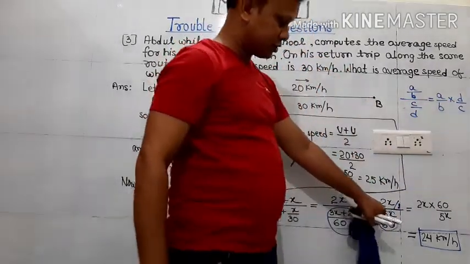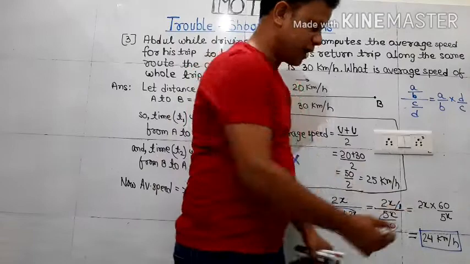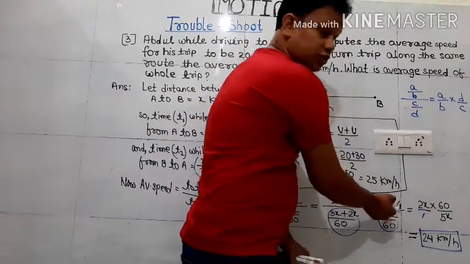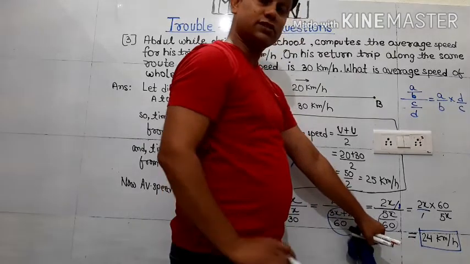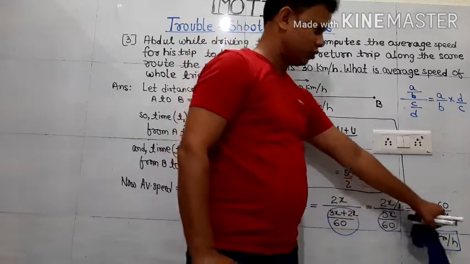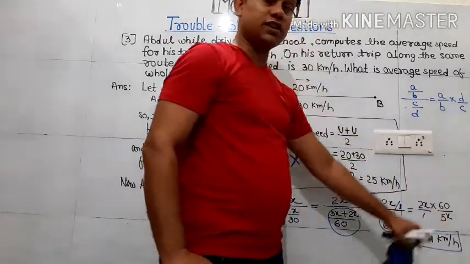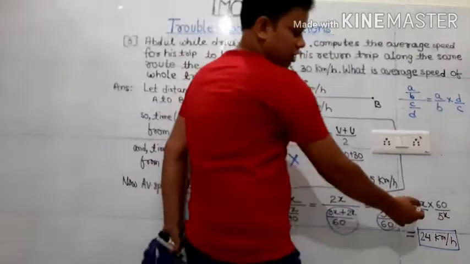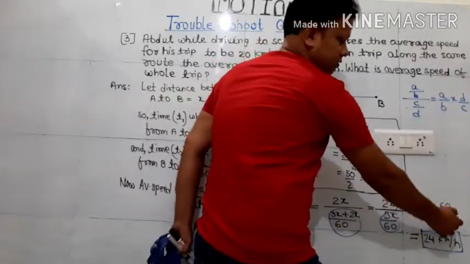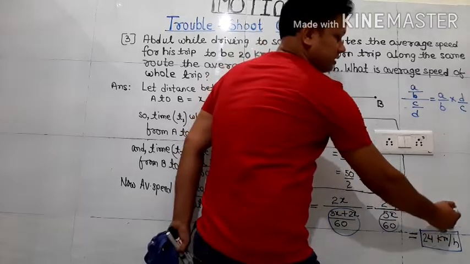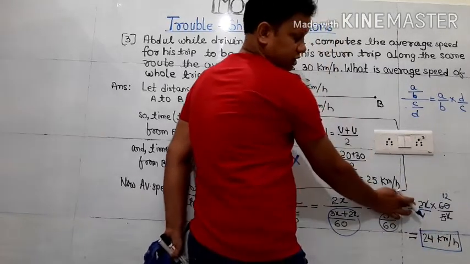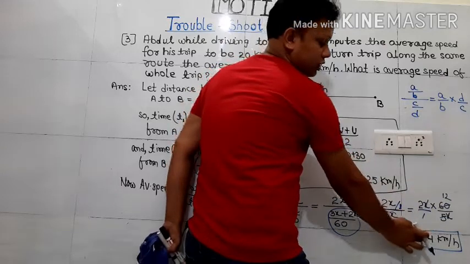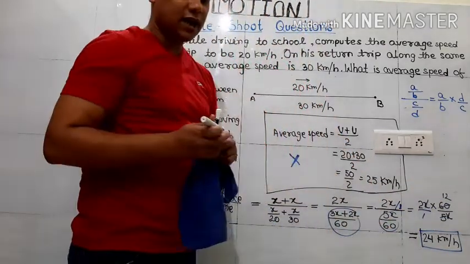Similarly, here also I have taken 2x by 1, that is the numerator fraction will remain the same, but we will take the reciprocal of the denominator fraction, so into 60 by 5x. This is the reciprocal of that. Now while we solve it, x will get cancelled with x, 5 will cancel 60 by 12. Now finally the calculation is 2 into 12, that is 24 km per hour.